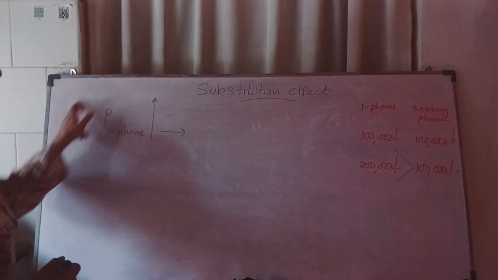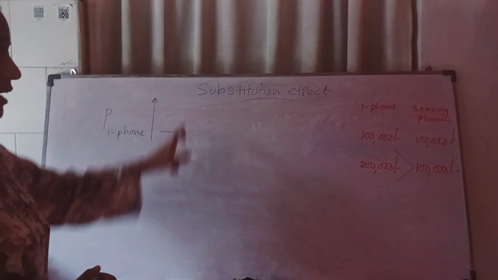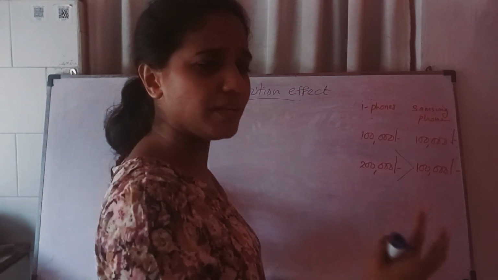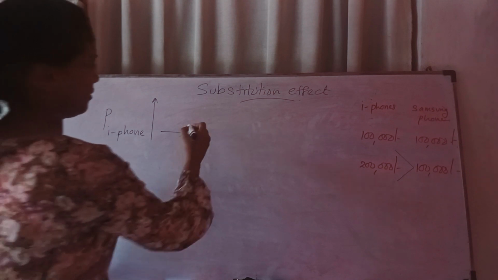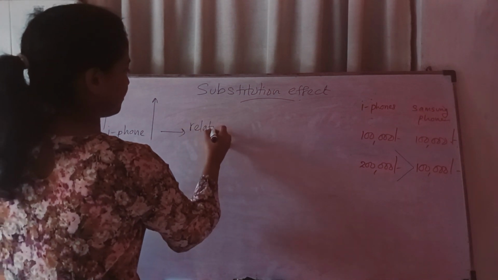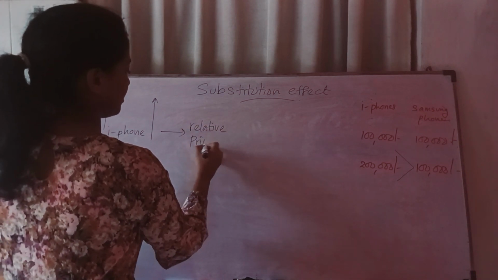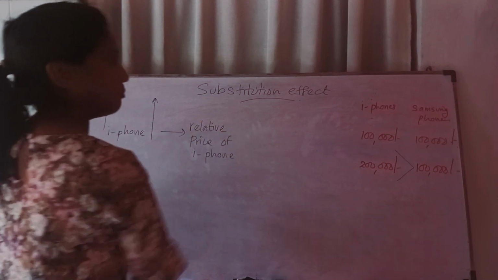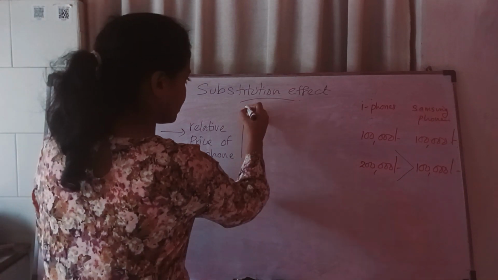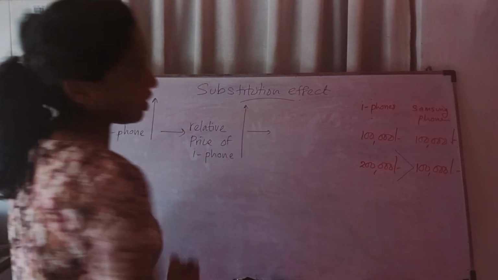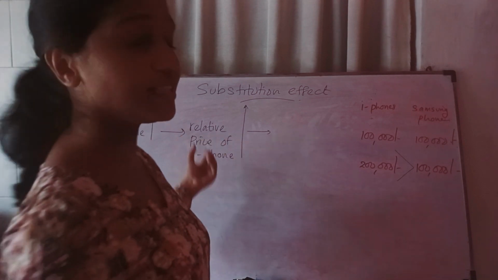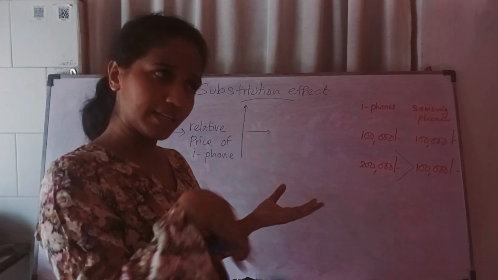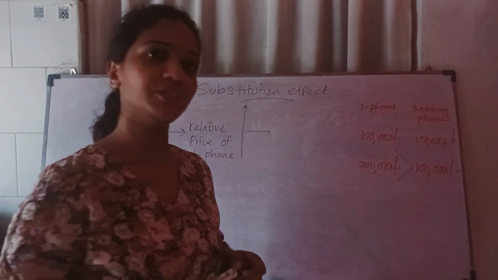So when the price of our concerned good increases, it becomes relatively more expensive, right? The relative price of iPhones becomes higher. Relative price means the price of our concerned good compared to the price of the substitute good.